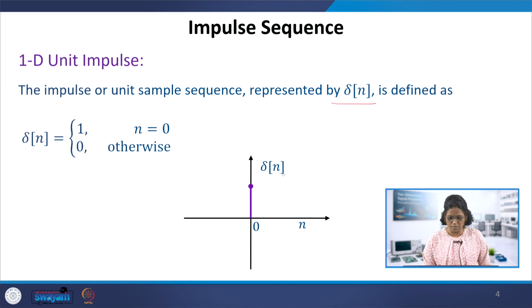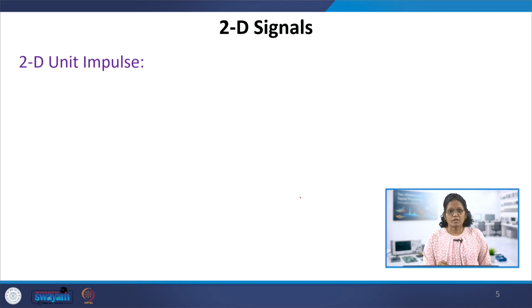That is the impulse sequence, a one-dimensional sequence defined only at n equal to 0, and at other instances it is 0.